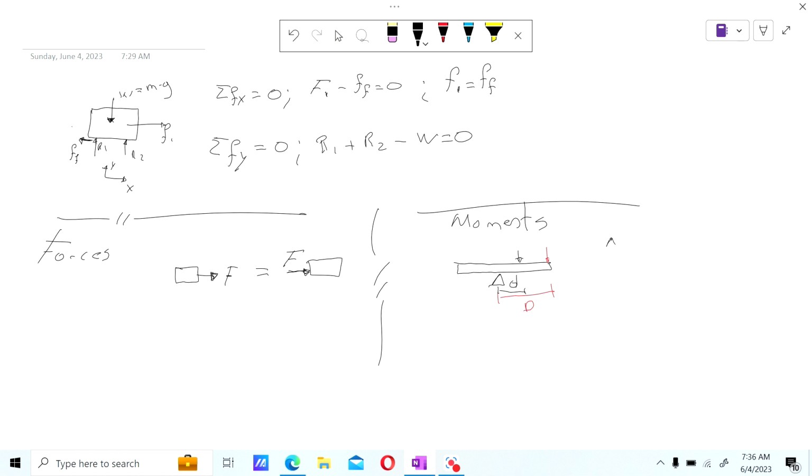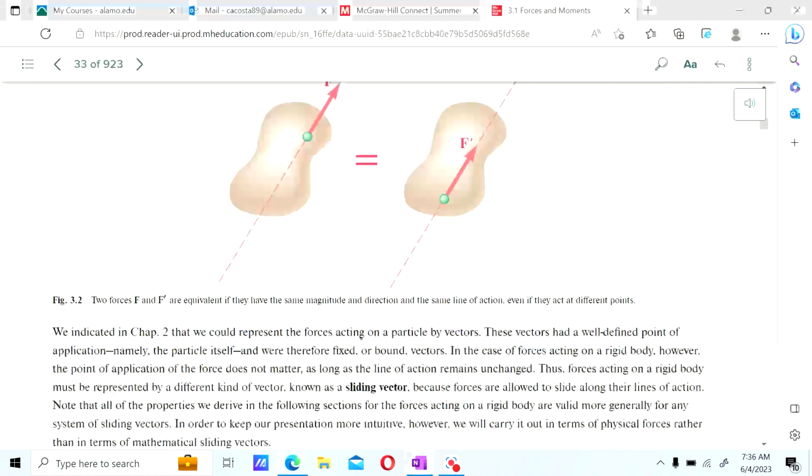And remember that moment is force times distance. Therefore, moment 2 is going to be greater because the distance is greater. So in moments it is not the same to move the force around, but in planar forces, when the force is on the plane, it is the same. Okay, so that's another concept that we need to review.